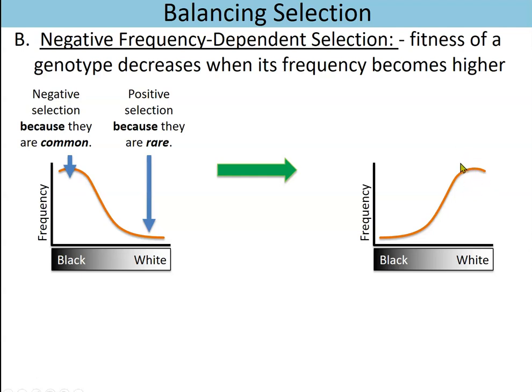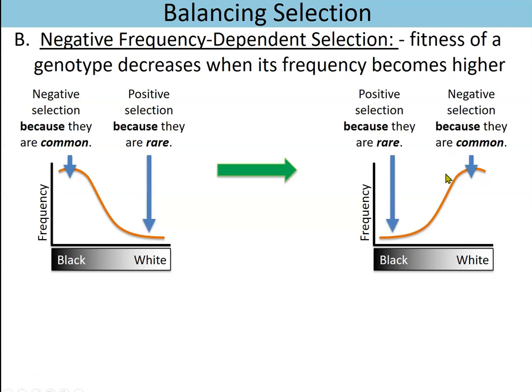There's going to be more and more individuals who are that lighter color, and fewer and fewer who are the darker color. And so now we see the opposite effect, where because it is the rare instance of individuals that is being selected for, we see that there's positive selection for individuals that are darker, and there's negative selection against individuals that are lighter. And so we will get a reversal of this.